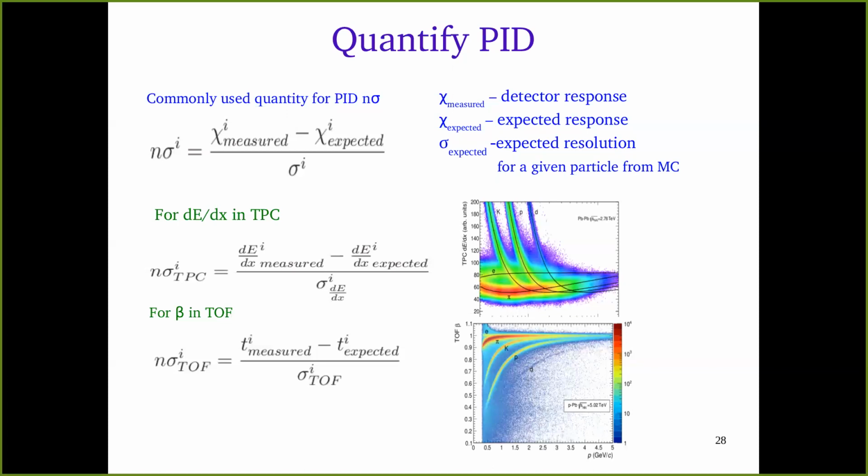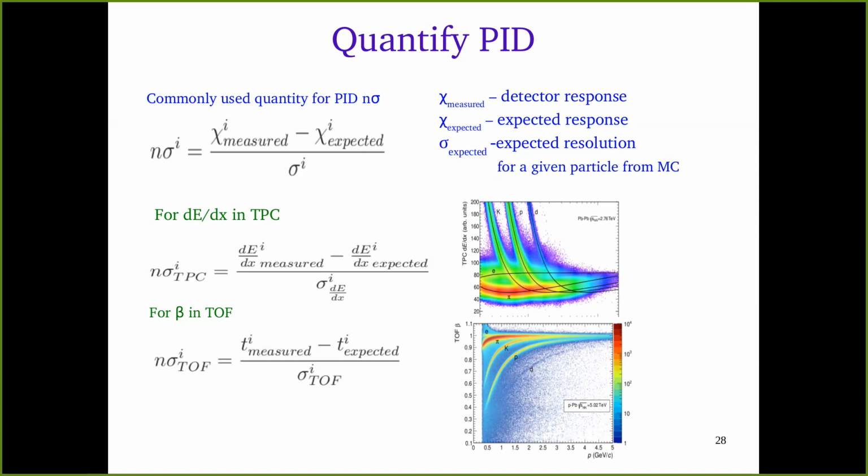Since I have already introduced to you the concept of nSigma, it is like this. If you define something like this, here chi is a particular detector response, which can be your TPC dE/dx, your time of flight beta, your Cherenkov angle, your transition radiation dE/dx, anything.